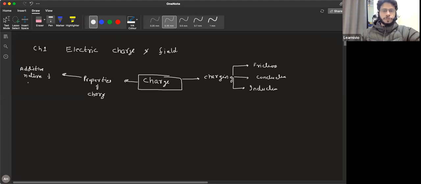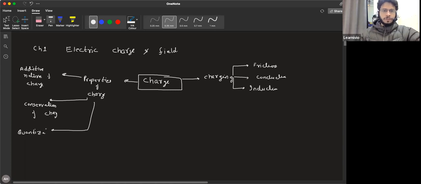The second property is conservation of charge. The third property is quantization of charge.